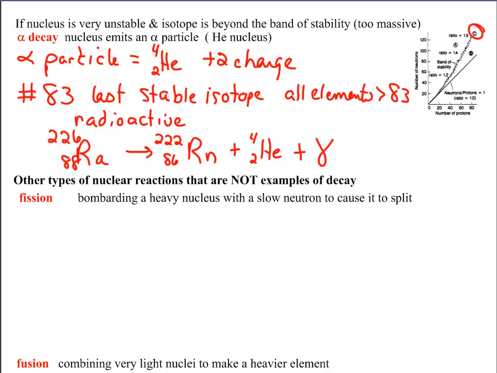What we're doing with fission is breaking a very large unstable nucleus into 2 new elements approximately the same size, and the way we're doing it is by bombarding it with a slow neutron. So we have 2 particles on essentially our reactant side, the large unstable nucleus and 1 neutron.